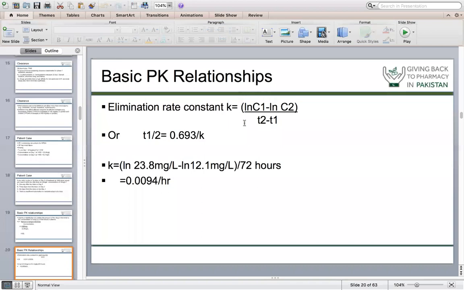Let's apply the values given in the question in this equation and see what value we get.